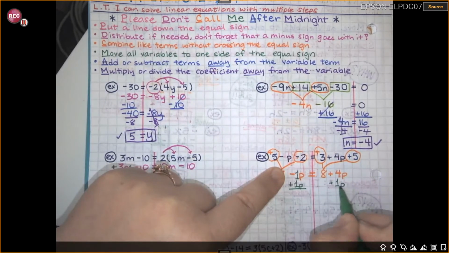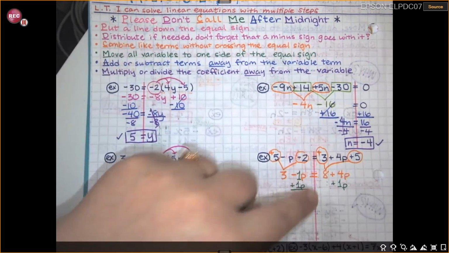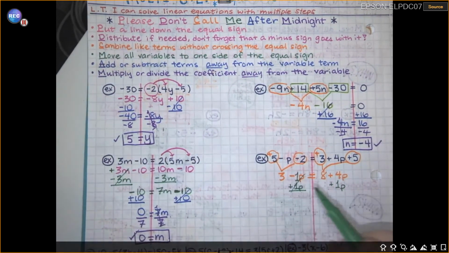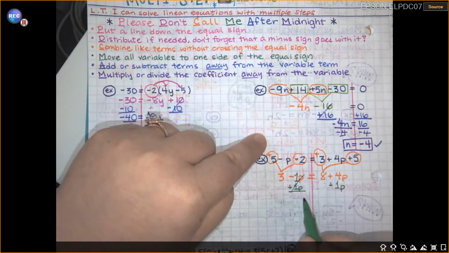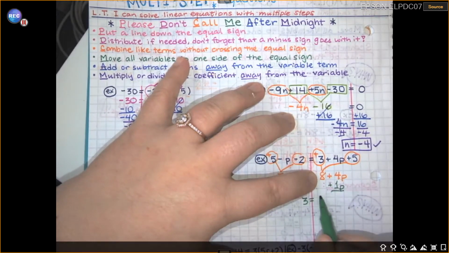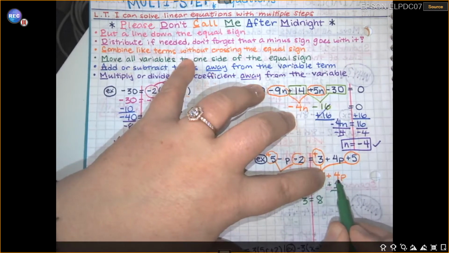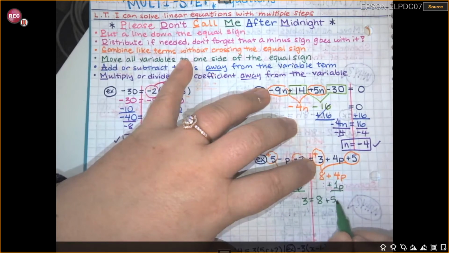Add 1p. Notice how, again, I'm lining it up with the other p term, not with the 8. Okay, put them together because they're like terms. So that goes away. Those make 0, and I just have 3 equals. And then bring down the 8 because that doesn't change, but here 4p plus 1 more is positive 5p.